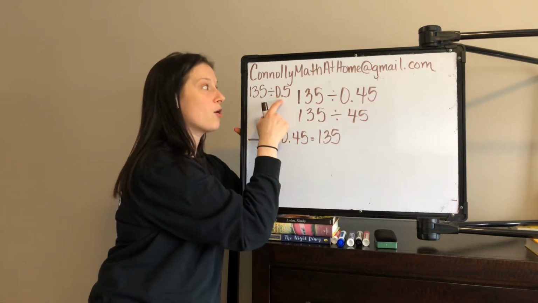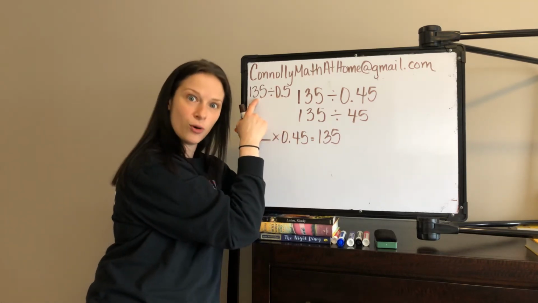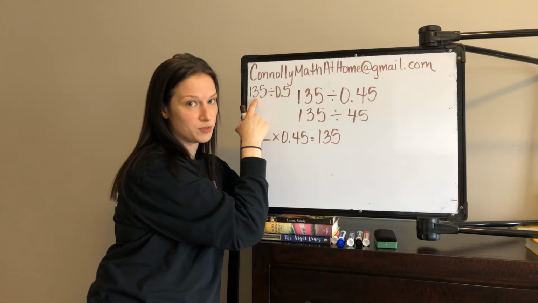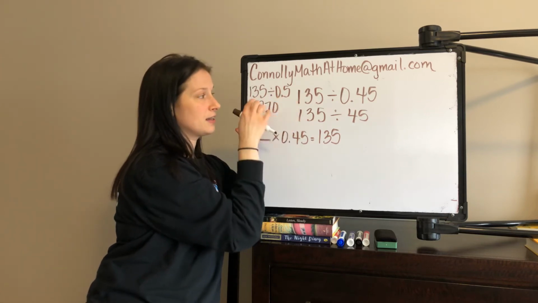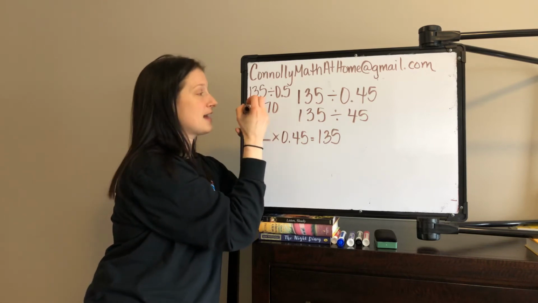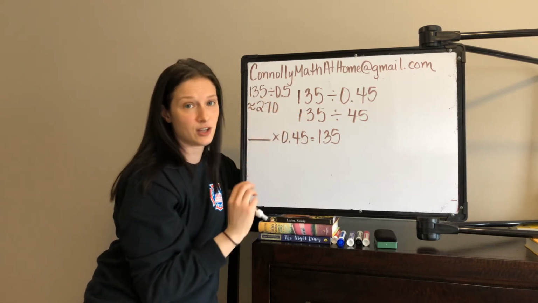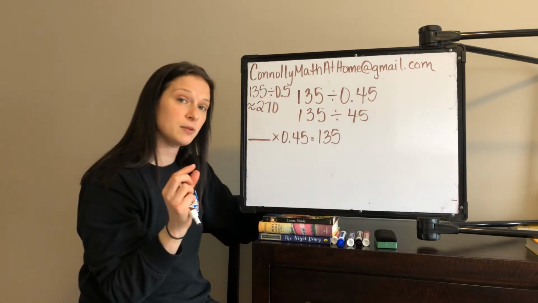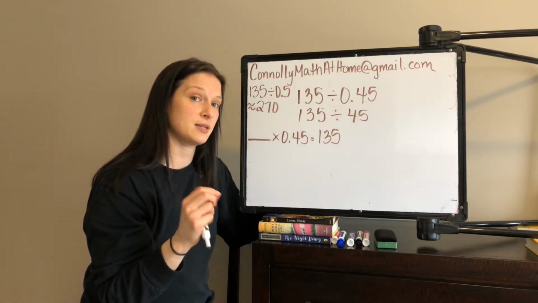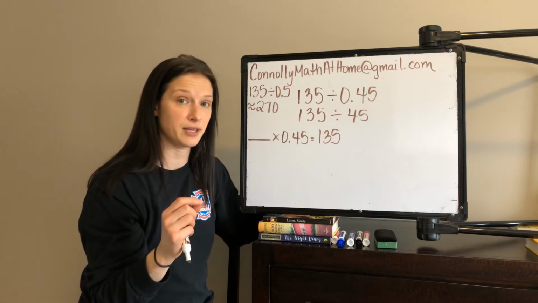So I know for 135 wholes, there's going to be 2 groups of 1/2 in each. So I'm thinking double this. And that is my estimate to solve. I rounded up a little bit, so my estimate's going to be a little bit off, but I'm going to use that to make sure my decimal's in the correct place.